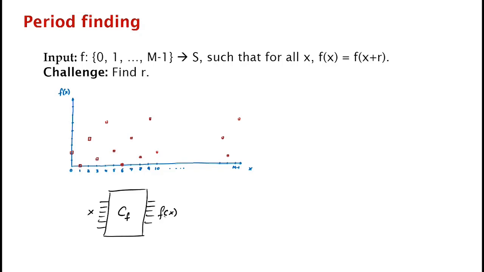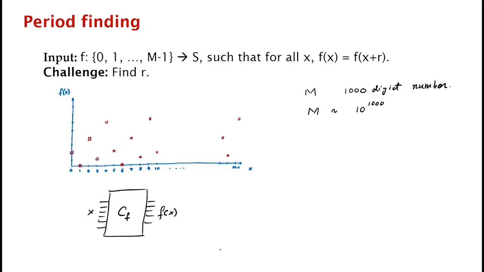Now how hard is it to solve period finding? Let's look at parameters. Let's assume that capital M is large. Let's think of it as a 1,000 digit number, so M is about 10 to the 1,000.